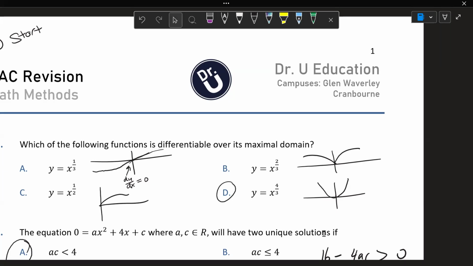But when you differentiate this, you end up with 1/3 x to the power of -2 over 3. And when you substitute x equals 0, dy/dx does not equal 0.